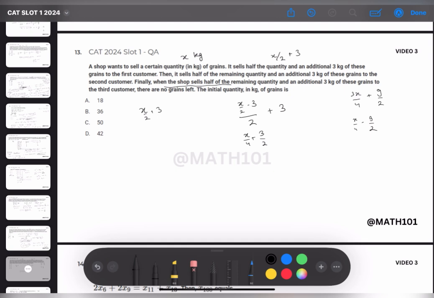The shop sells half of the remaining quantity and an additional 3 kg of grains to the third customer. So he sold x by 8 minus 9 by 4 plus 3, which equals x by 8 plus 3 by 4. This is sold to the third customer. There are no grains left.